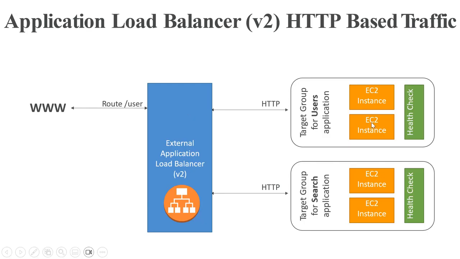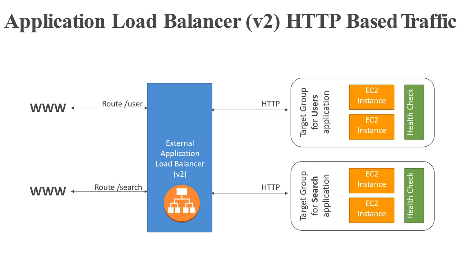So you need to route only to this group of instances. And if a request is received for search or reports, it has to be routed to that group of EC2 instances.